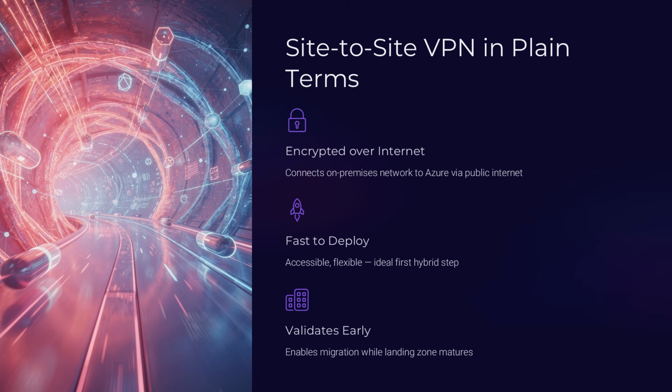With the decision framed correctly, you start by defining site-to-site virtual private network in plain language. Site-to-site virtual private network creates an encrypted connection over the public internet between your on-premises network and your Azure network. It is often the first hybrid step because it is accessible, flexible, and can be implemented quickly compared to private connectivity programs. For leaders, it provides a practical way to start hybrid connectivity without major long-term commitments.